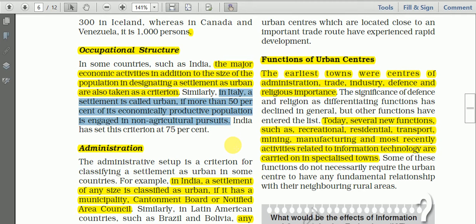If 50% of its economically productive population is engaged in non-agricultural pursuits, in non-primary activities, we call it urban in case of Italy. But in case of India, if the people engaged in non-agricultural pursuits are about 70% or more, then the settlement is called urban.